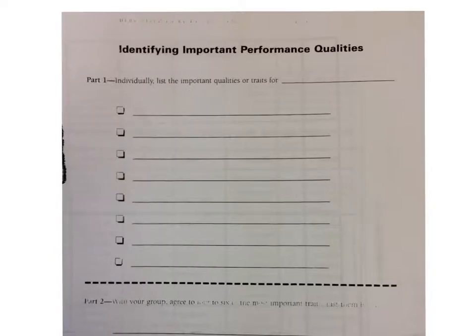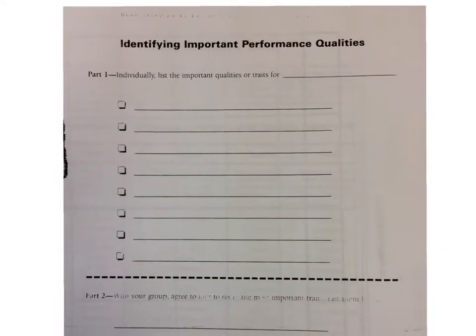Okay, so part 1, individually list the important qualities or traits for, I'm just going to call this dilation right now. And individually, by myself, I'm going to think about what is important here.